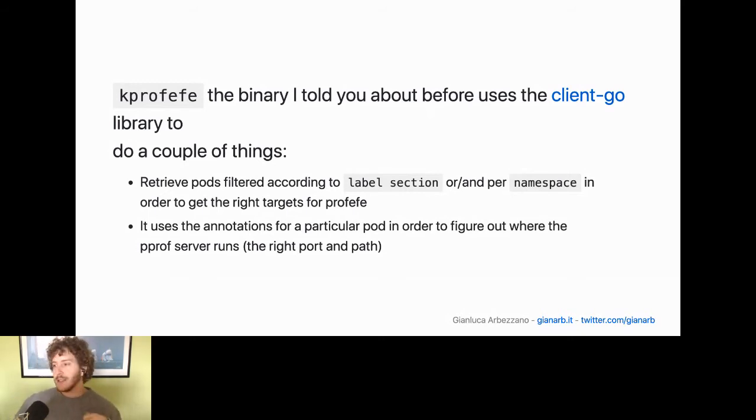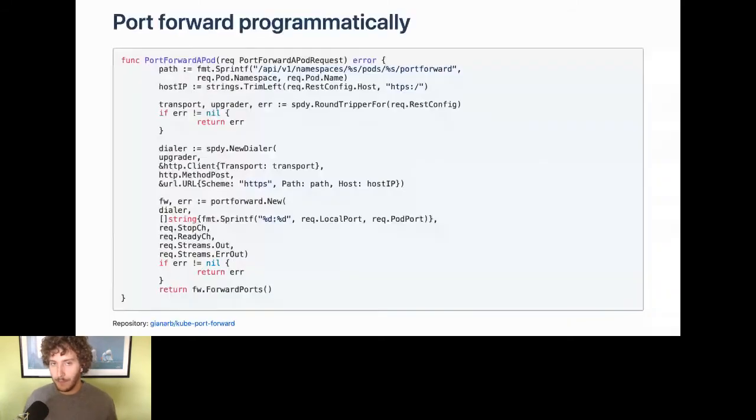Another piece of code that I wrote that is very useful, and I also took it out from profefe and made it its own little library that I call Kube Port Forward. It is the code that kubectl uses when you do kubectl port-forward, and I use that in the profefe kubectl plugin, because you can do kubectl profefe capture, and you place the name of the pod.